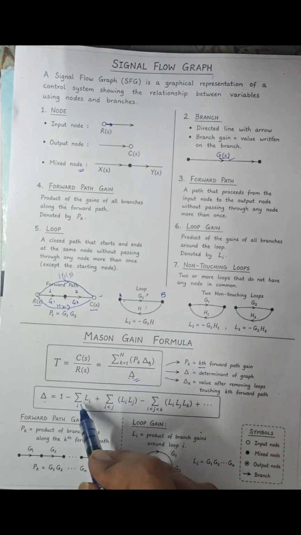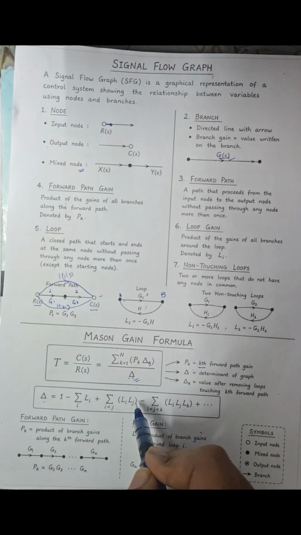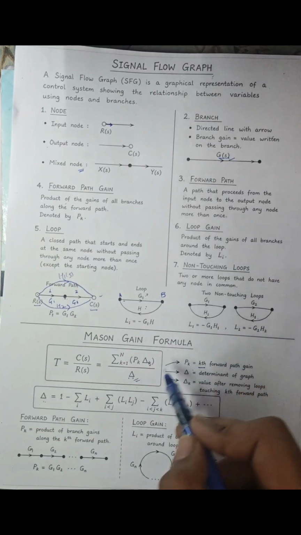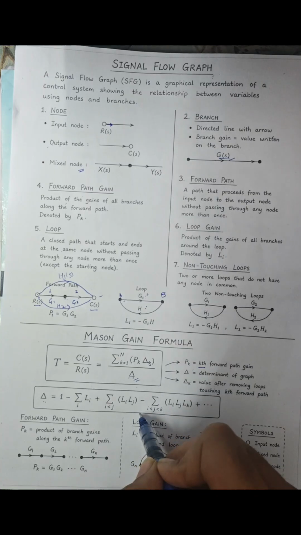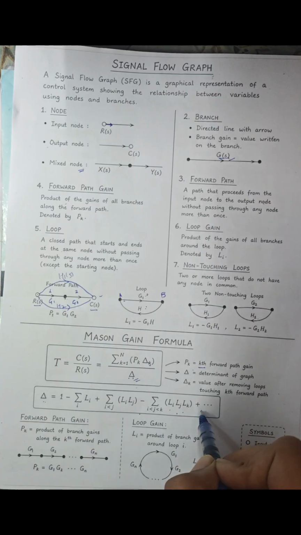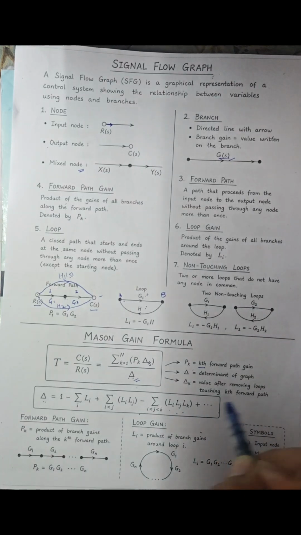Determinant is 1 minus the summation of all individual loop gains, plus the multiplication of all loop gains that are not touching each other, minus the multiplication of three loop gains that are not touching each other. So this pattern repeats, with four loops that are not touching each other and so on.